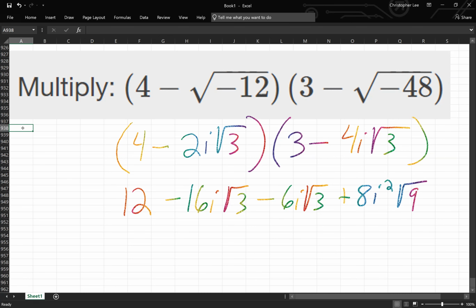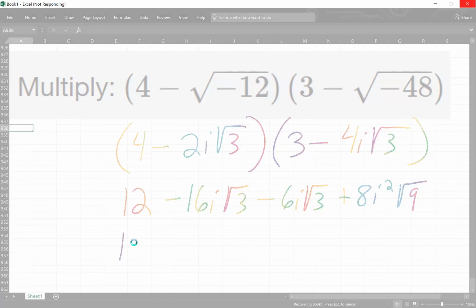So this becomes what? 12. Oh, he's not writing. Microsoft is ODing right now. Let's pick up where we left off tomorrow. We got a lot more left to do.